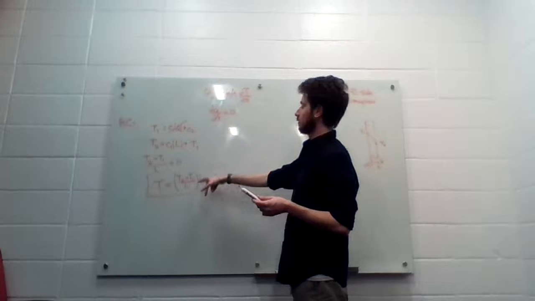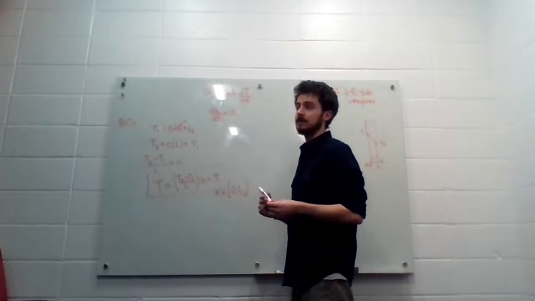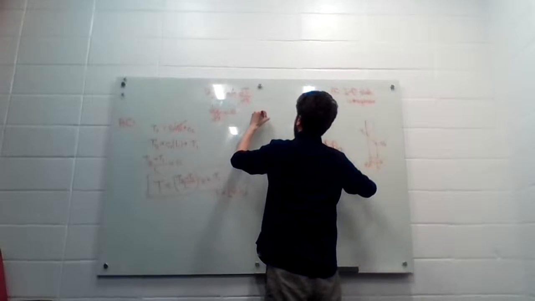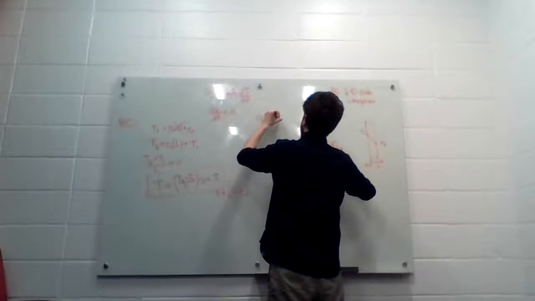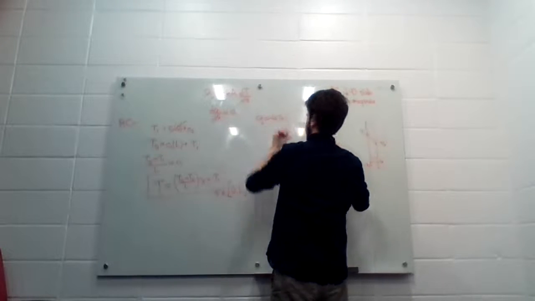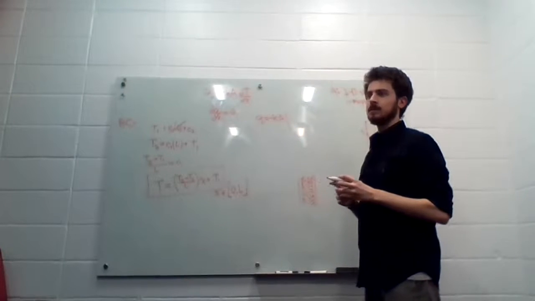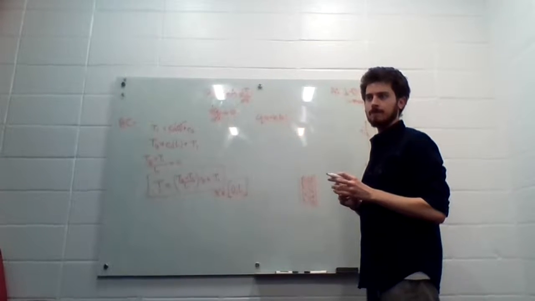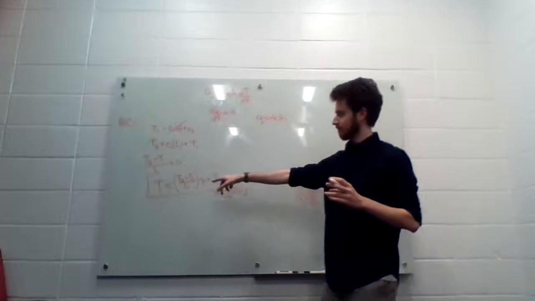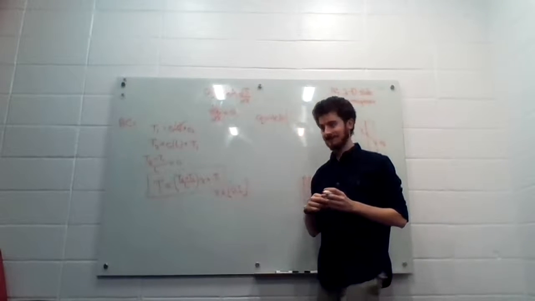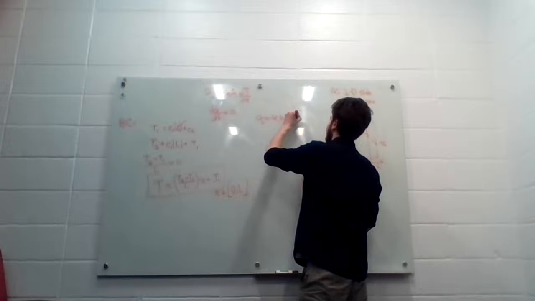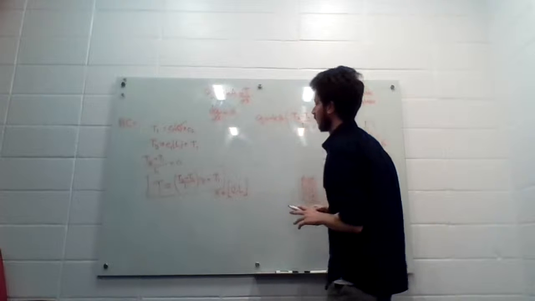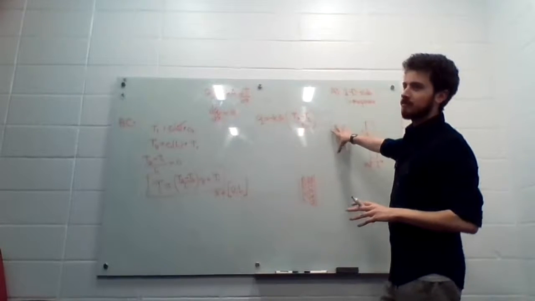We've now got a generic expression for T. So if we want to make the substitution, we can write Q equals negative kA, and then what's dT/dx? T2 minus T1 over L. So this is your expression for Q.